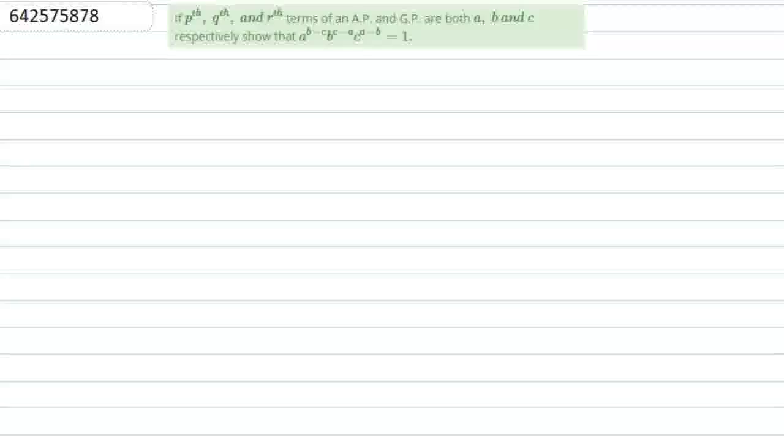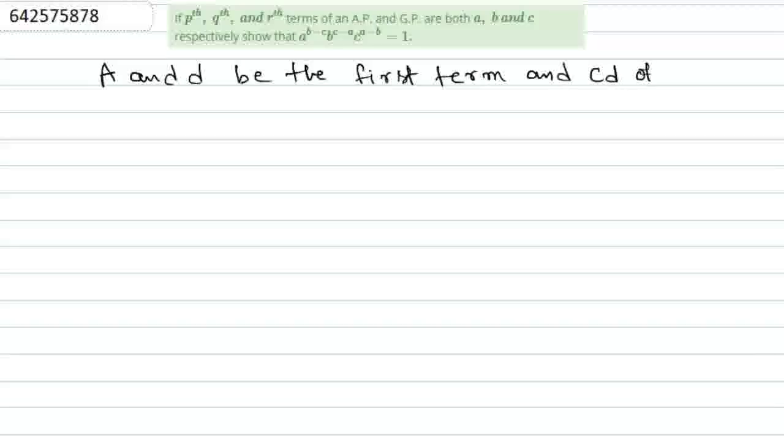Now let us suppose that A and D be the first term and common difference of the AP.